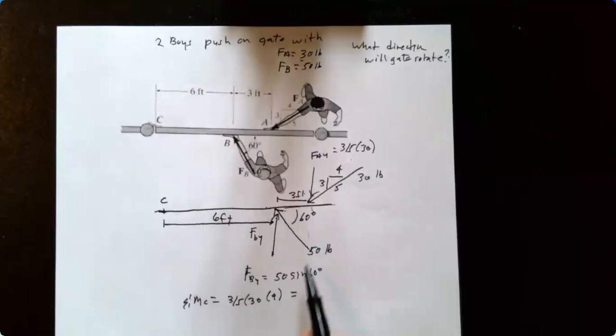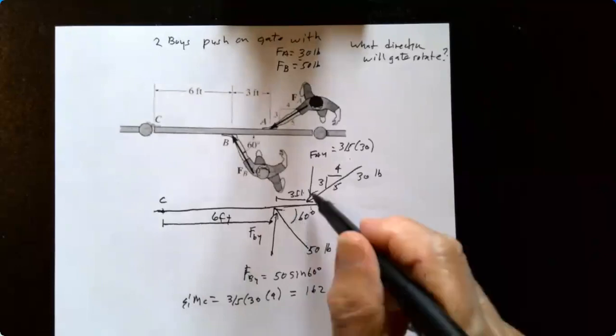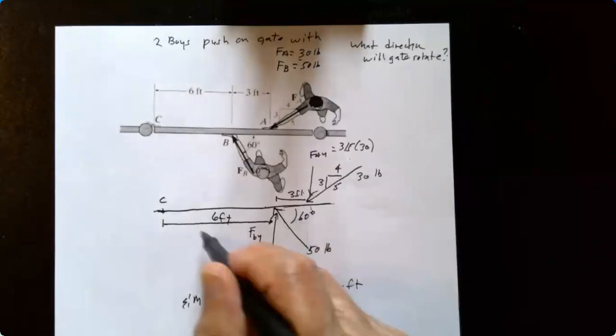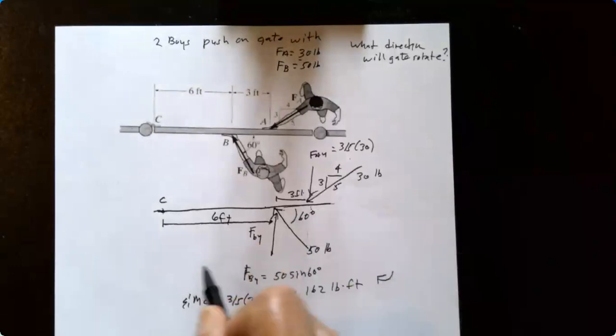And that'll be 162 pound-feet. Rotation. All I want to know is the direction, so we're not adding anything together. It won't be an equilibrium. Rotation then is going to be clockwise this way.